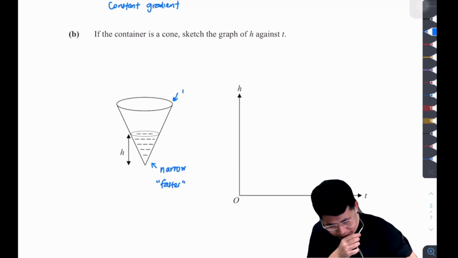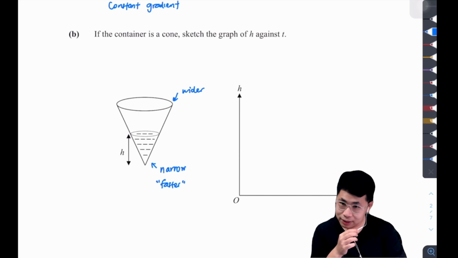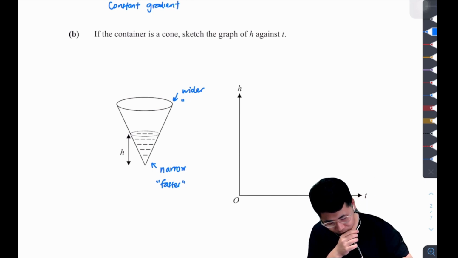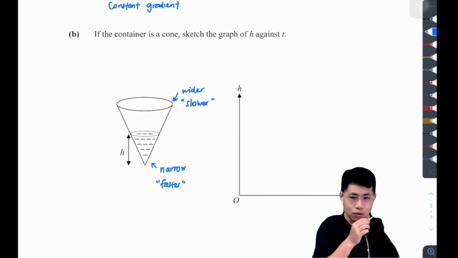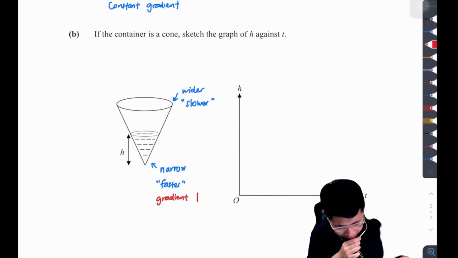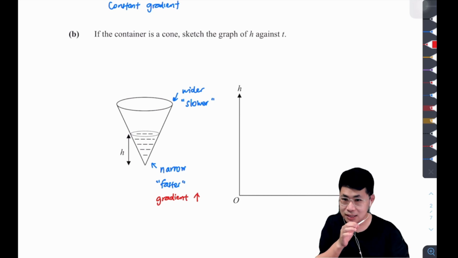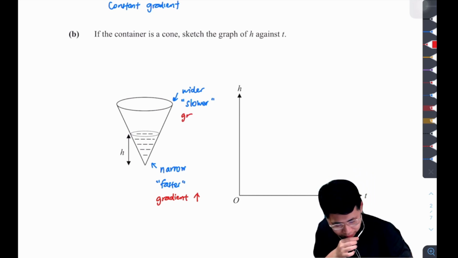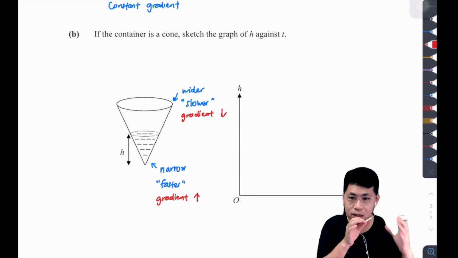And at the top, it is actually wider, so the water will fill in slower. So what does this mean? This means over here, the gradient will be higher because the rate is faster. On top, the gradient is going to be lower because the rate is lower.